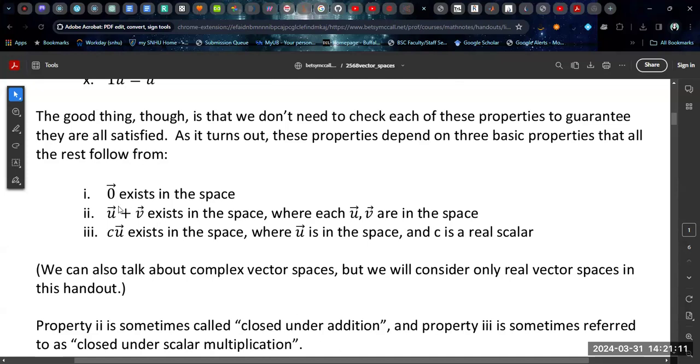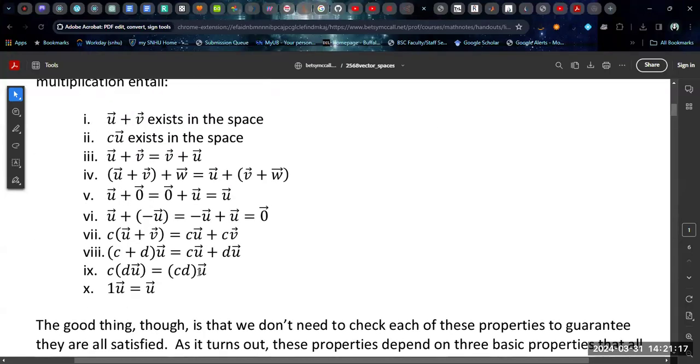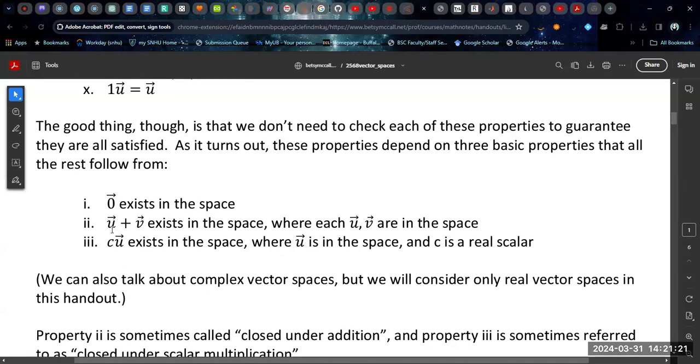So we have to test that 0 is a vector in the space. All these properties up here that had 0 in them won't apply if 0 is not in the space. We have to prove that if I add 2 objects in the subspace, I get another element in the same set. So this is called closed under addition.